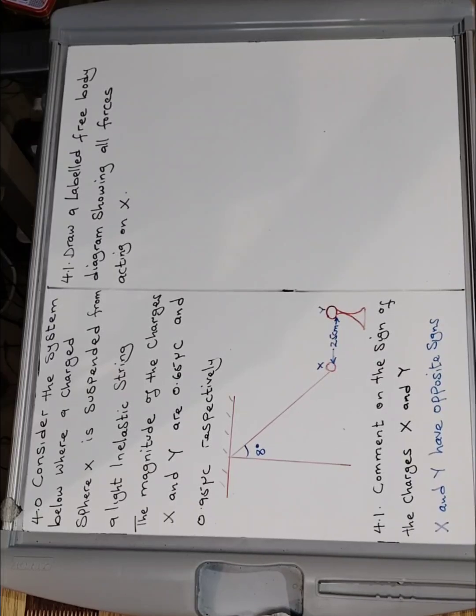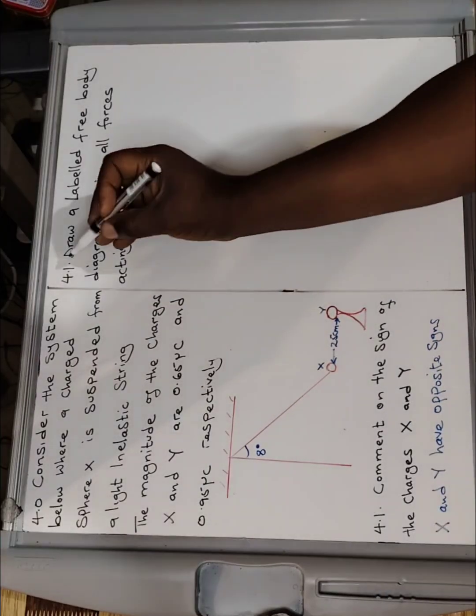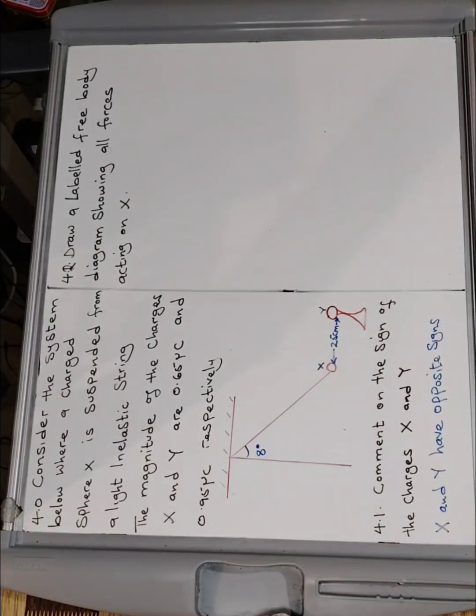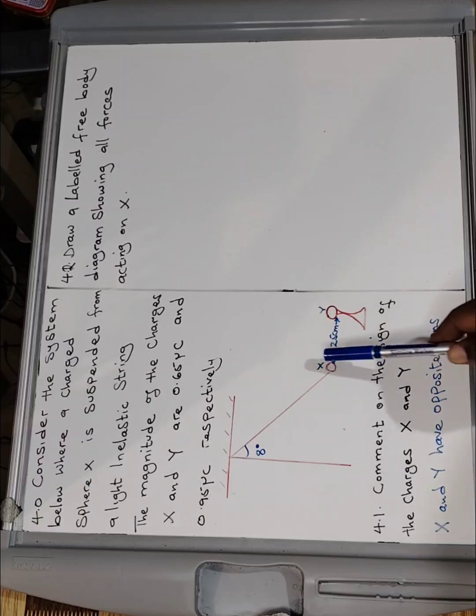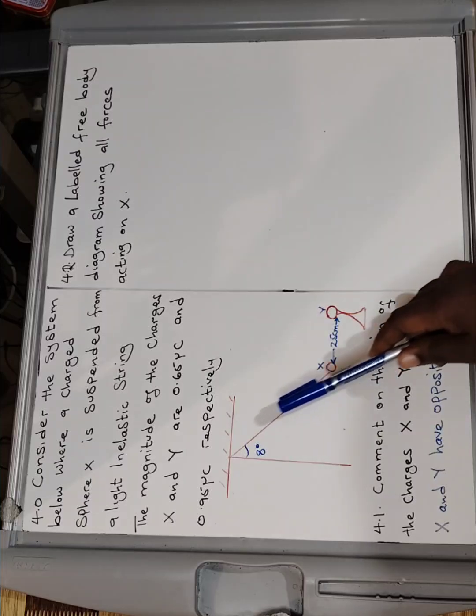Okay. Then 4.1 is supposed to be 4.2. It says draw a labeled free body diagram showing all forces acting on X. How do you go about that? Let us look at X. This is our X. What are the possible forces acting on it? We have one due to the attached string.